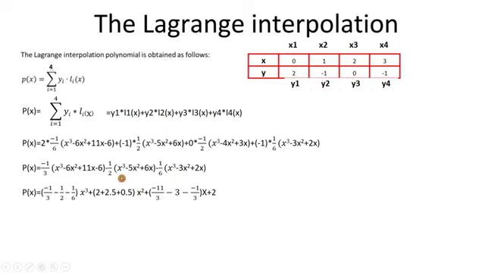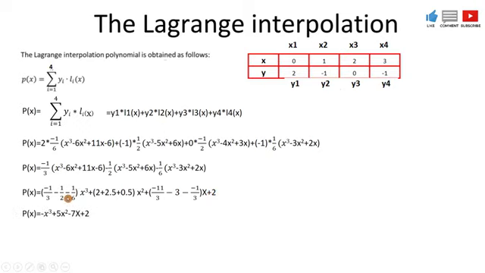Sum up the coefficients of all x cubed, the coefficients of all x squared, which will be 2 plus 2.5 plus 0.5, and also the coefficients of the x's, and we have just 2 as a constant.